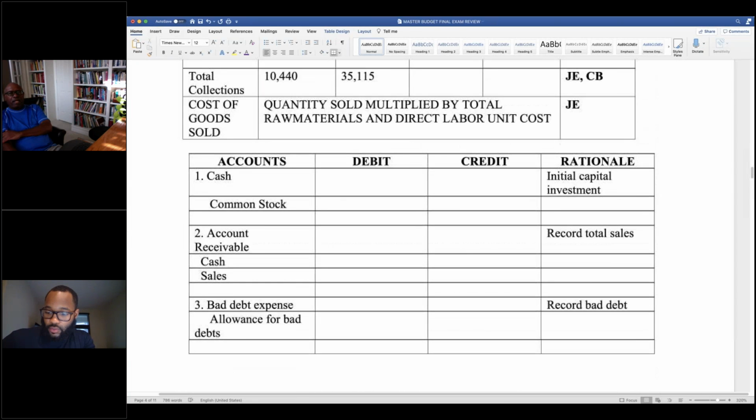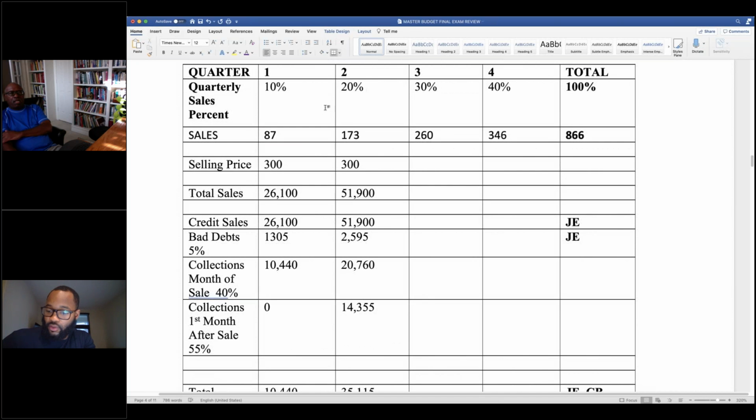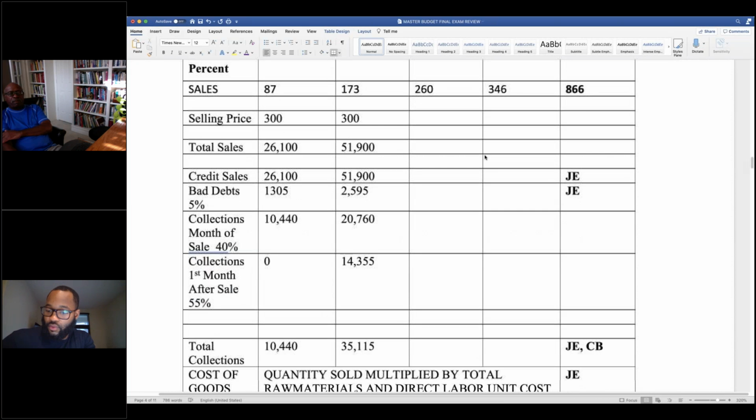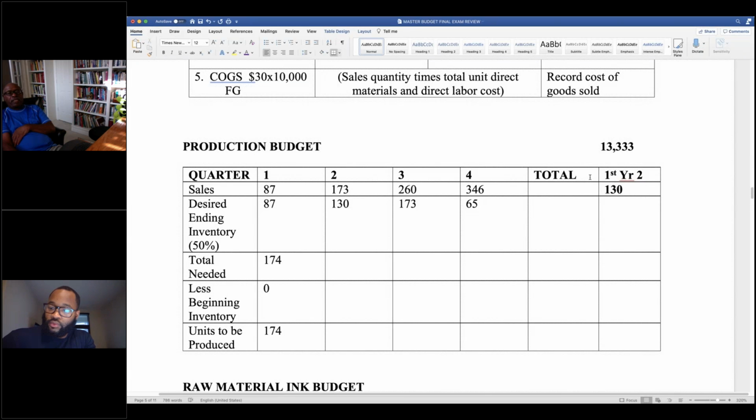We bring down the sales from the selling expense budget and put them on the production budget, because you got to make something before you can sell it. So we're going to sell that amount, we got to make that amount.